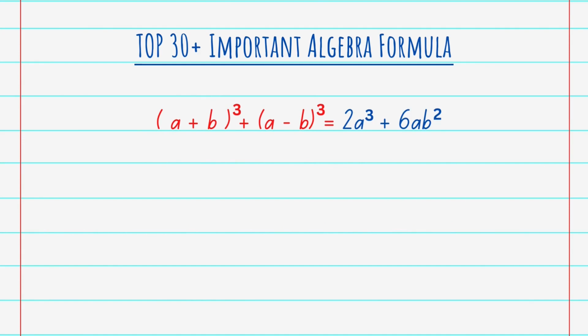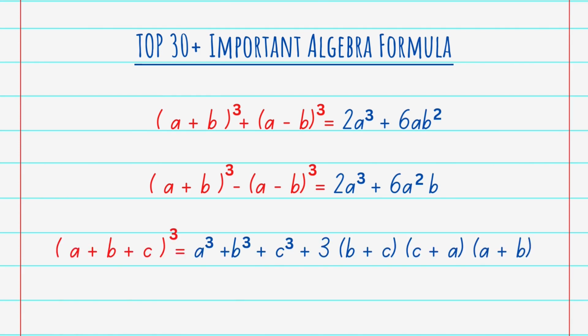Next is (a + b) whole cube plus (a − b) whole cube is equal to 2a³ + 6ab². (a + b) whole cube minus (a − b) whole cube is equal to 2b³ + 6a²b.